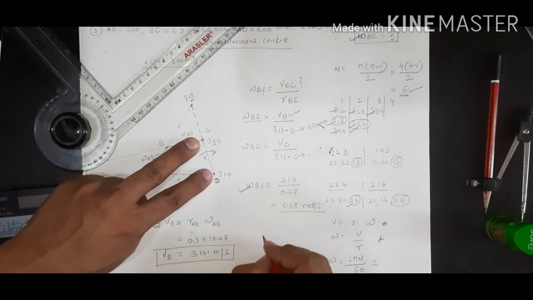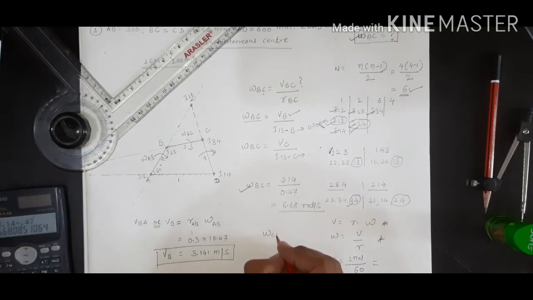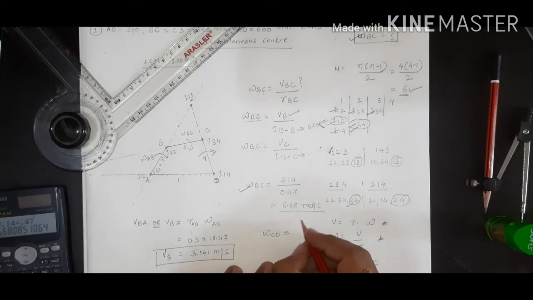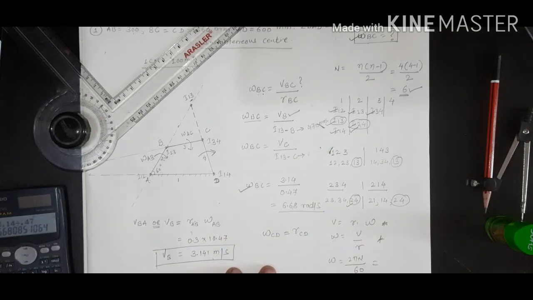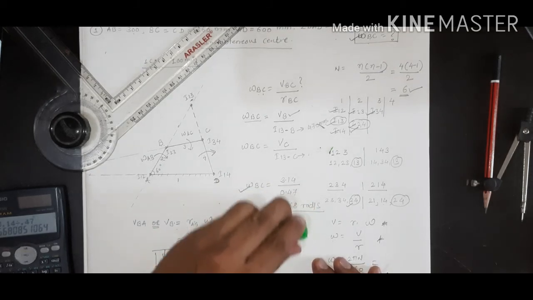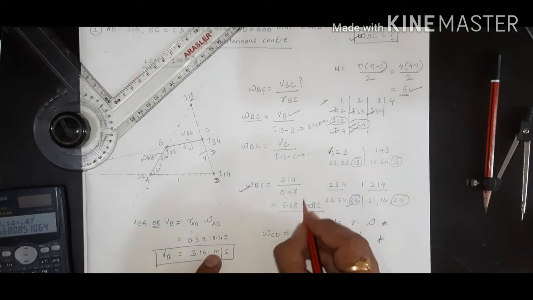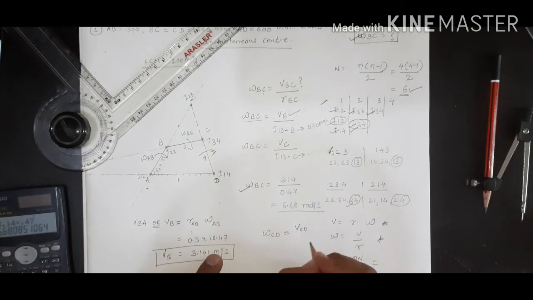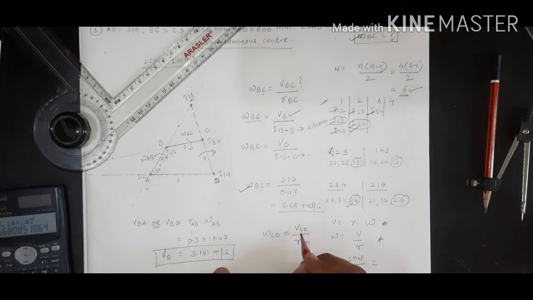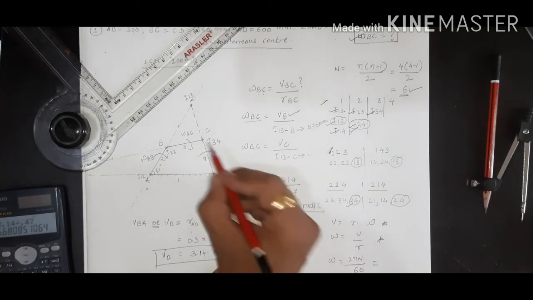So if you get VC, you can calculate omega CD as well. Omega CD will be equal to the velocity of CD divided by RCD, where RCD is the radius of CD. Now the velocity of CD is nothing but the velocity of C, because point D is fixed.